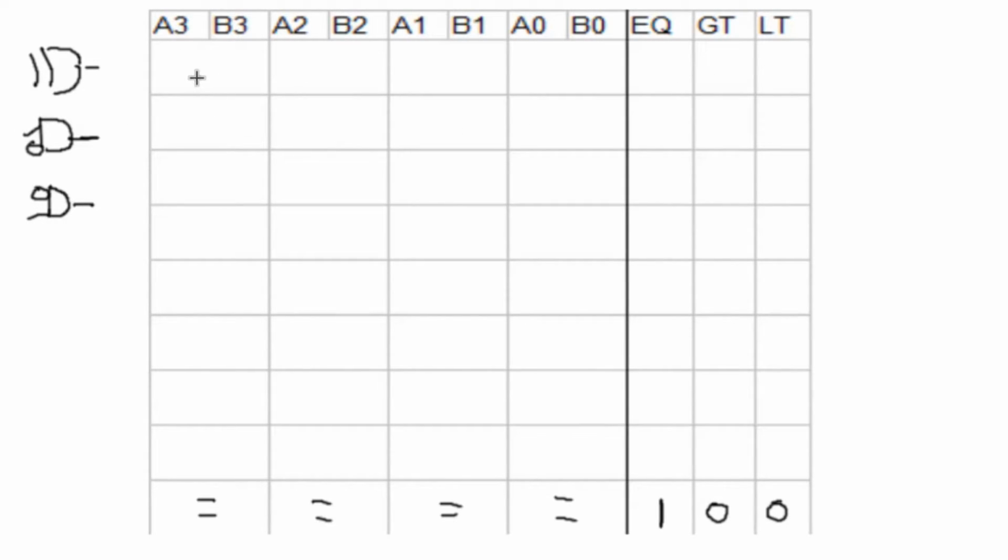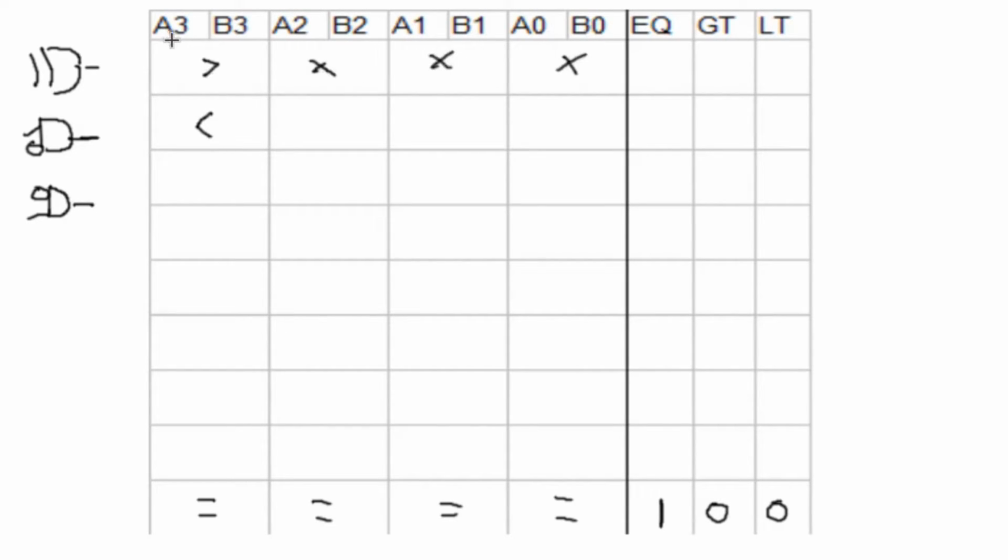So we would look at this first set of bits and we would test to see if they were greater than or less than. So if A3 was greater than B3, again, because we've determined a greater than condition at the most significant set of bits, we don't care what the rest of the bits say.